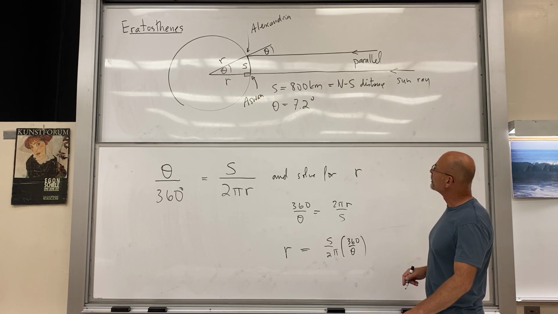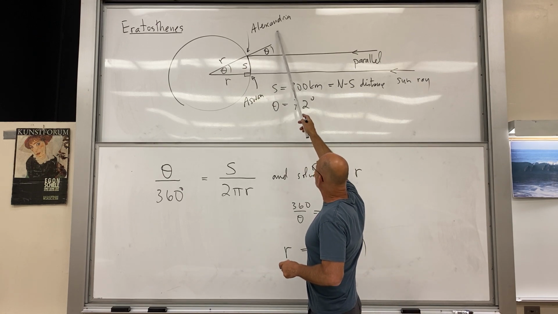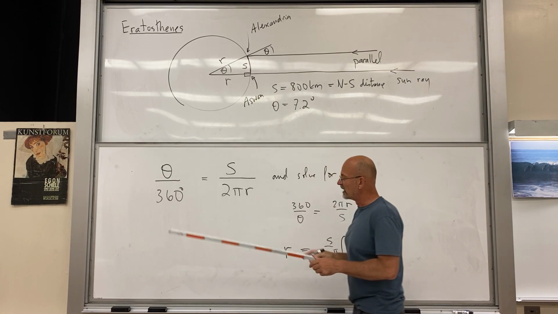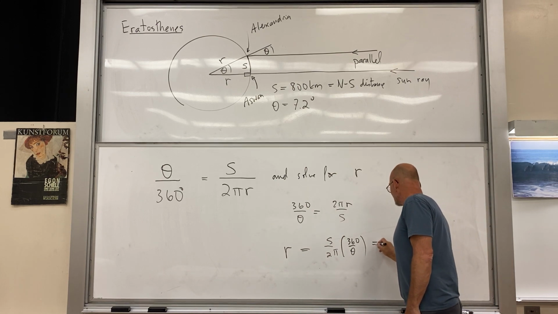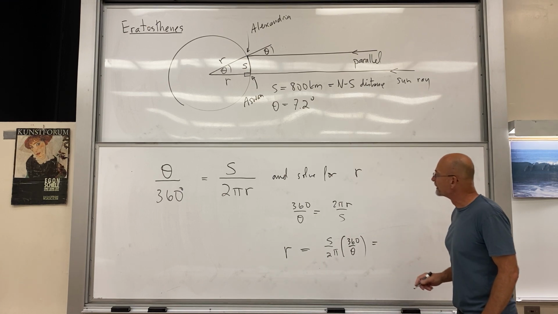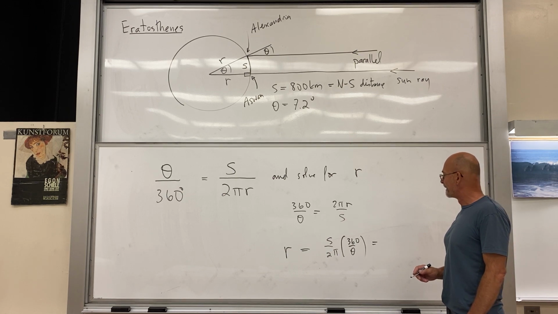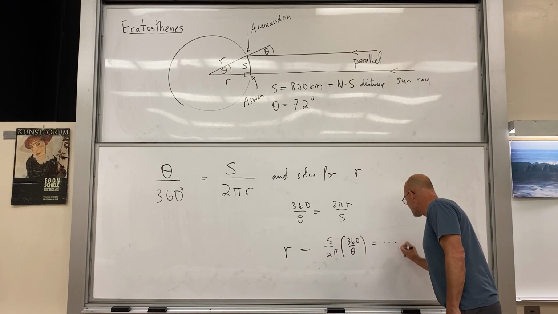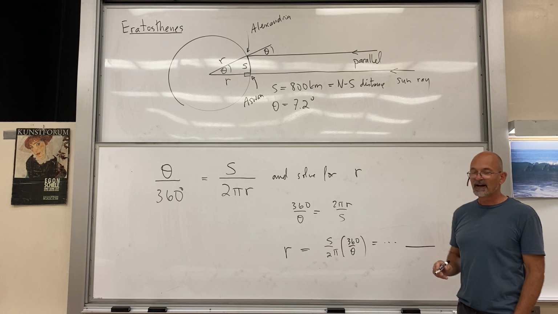And then, and only then, do you plug in numbers. Because right now, this would be true for any number of examples and not just Alexandria and Aswan. When you finally plug in the numbers, I'm going to leave that for you to do, okay? So you guys go ahead and plug that in and find out what you get.